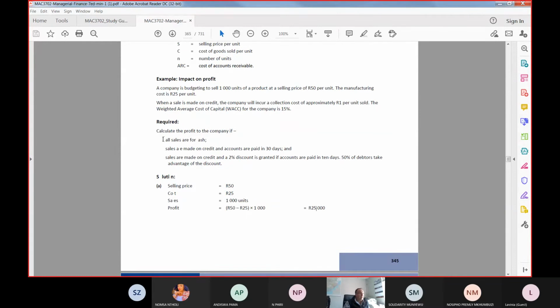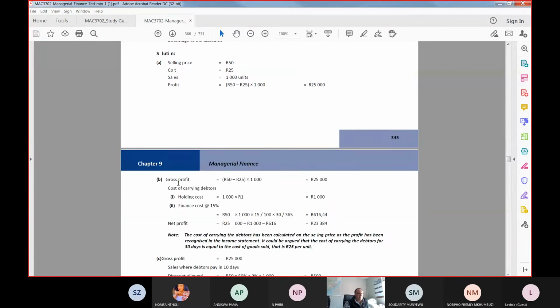Okay. A, all sales. B, all sales are made on credit, accounts paid over 30 days. So if they are paid over 30 days, we have 50 minus 25 times 1,000, which is 25,000 Rand. The cost of carrying is 1 Rand for every unit, 1,000 Rand.